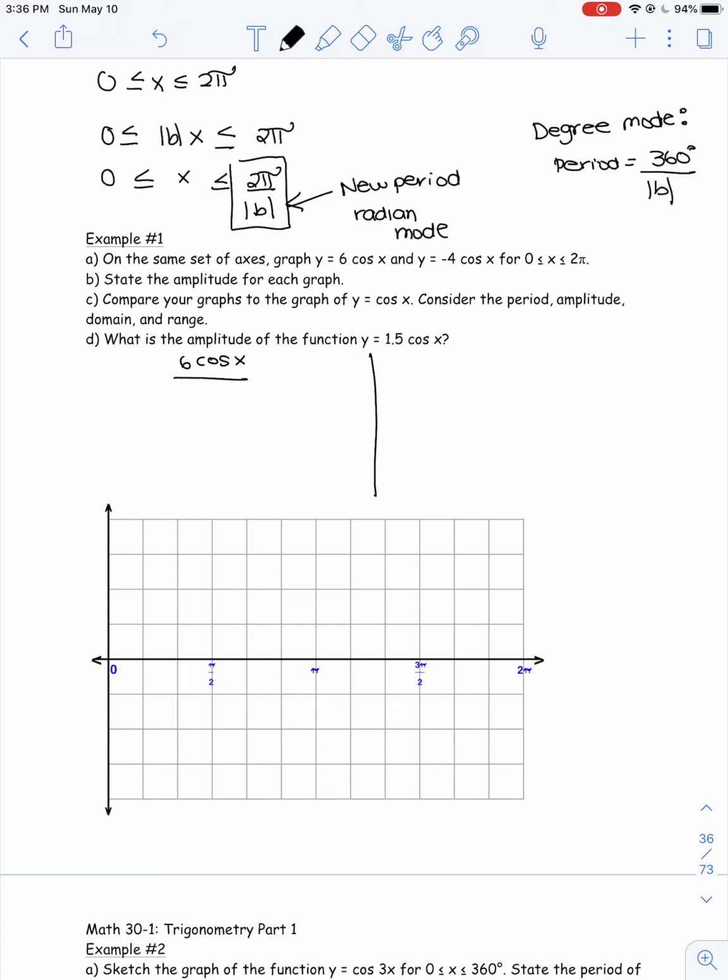Okay, so we know that with this case, we have a vertical stretch by a factor of 6 about the x-axis, versus the y equals negative 4 cos of x, we have also a vertical stretch by a factor of 4 about the x-axis.